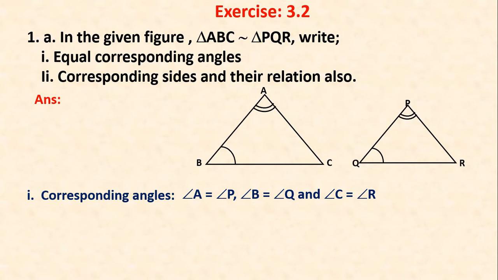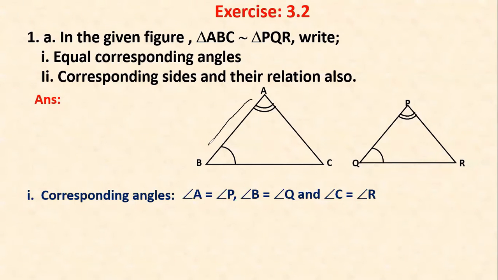Now come to the corresponding sides and their relation. Which are the corresponding sides? Which angles are equal? The sides opposite equal angles are corresponding sides. We already learned this in congruent triangles. Can you identify which sides are corresponding? AB and PQ.